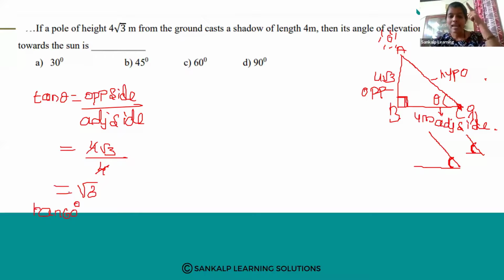In that table, tan 60 degree is root 3, tan 30 degree is 1 divided by root 3, tan 45 degree is 1. Yes or no? So for root 3, it is 60 degree. So where is 60 degree? 60 degree is at option C. So 60 degree is the right answer. Okay. Understood? If you have any doubt, then you can ask me.